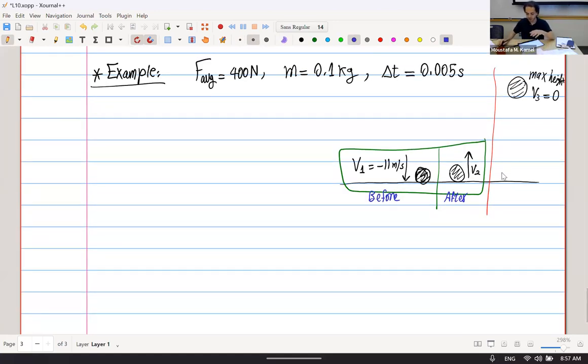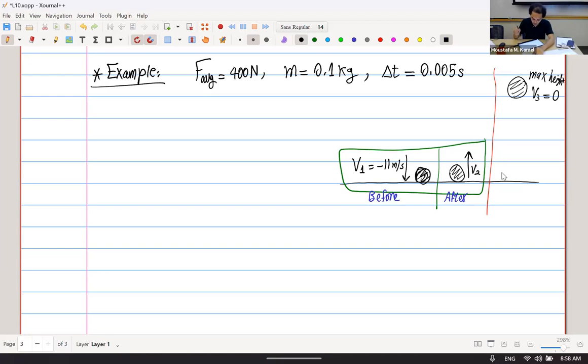For now, focus on before and after for the collision. The strategy for solving a problem like that is dividing it into 2 parts, and we must get the velocity V2, because this is what connects the first part of the problem to the second part. If we can get this velocity, then we can use kinematics equations to get the maximum height the usual way. We did a lot of examples on that in the first part of the course. So if we can get V2, then we're good.